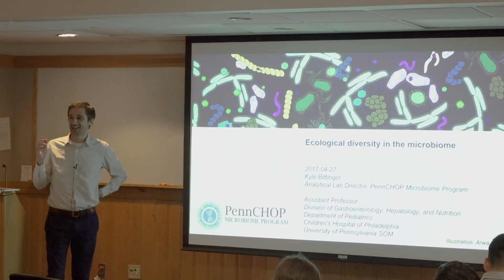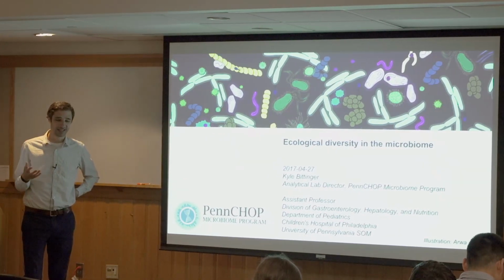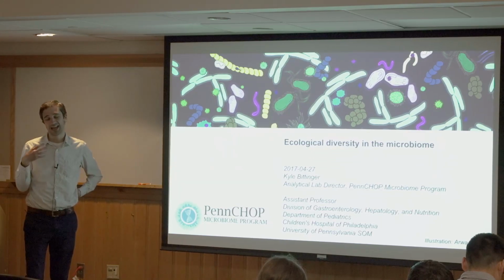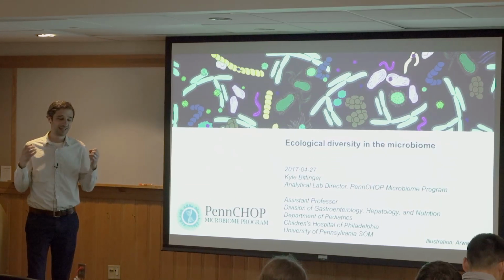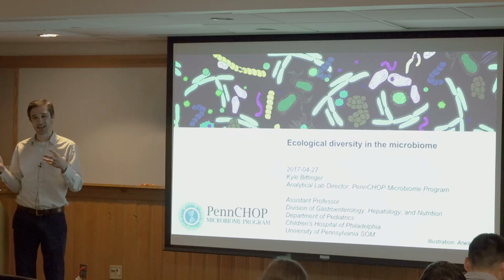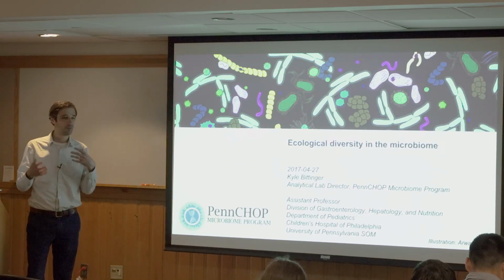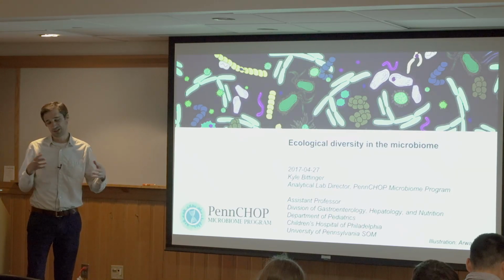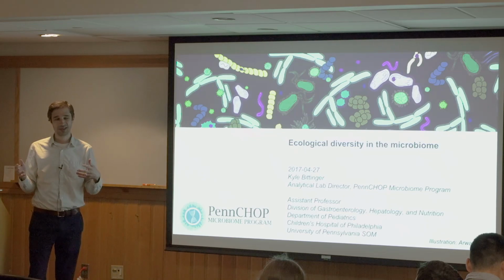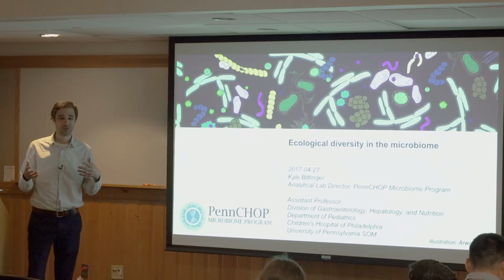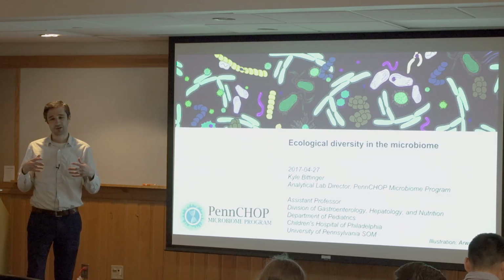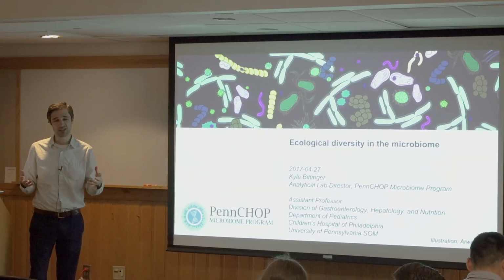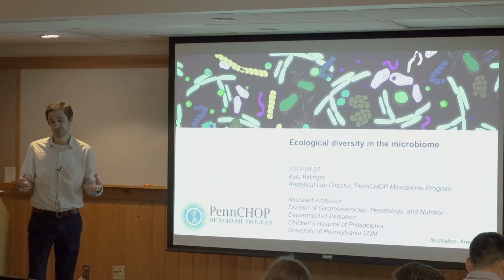Okay, so last time we talked about bacterial taxonomy and how one might take DNA sequences and turn that into information about bacterial species or bacterial families, and different ways that you might manage the uncertainty about what to call a bacterium, or how to cluster sequences into species-like groups.